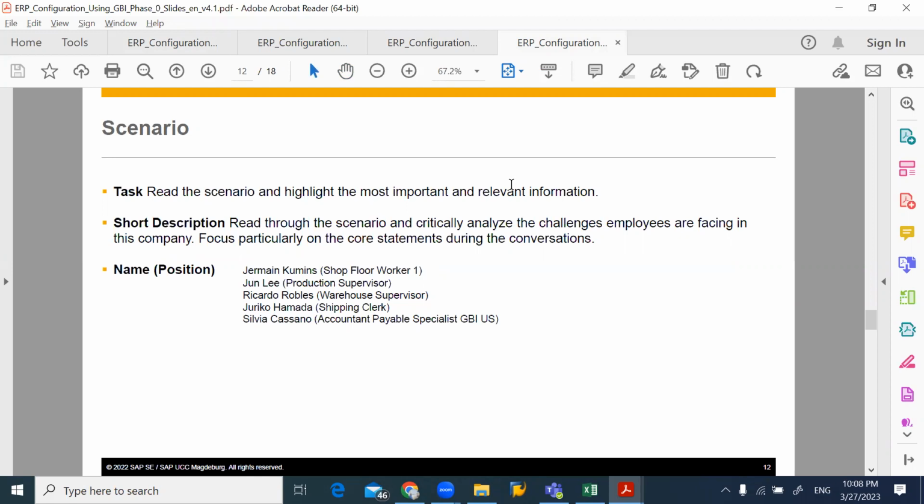Okay. Actually, the scenario is that in the company, there's a problem going on. Employees are talking to each other, sending emails. For example, the sales department received a sales order, and when they checked the stock, they found they cannot meet the order because some of the material is short.